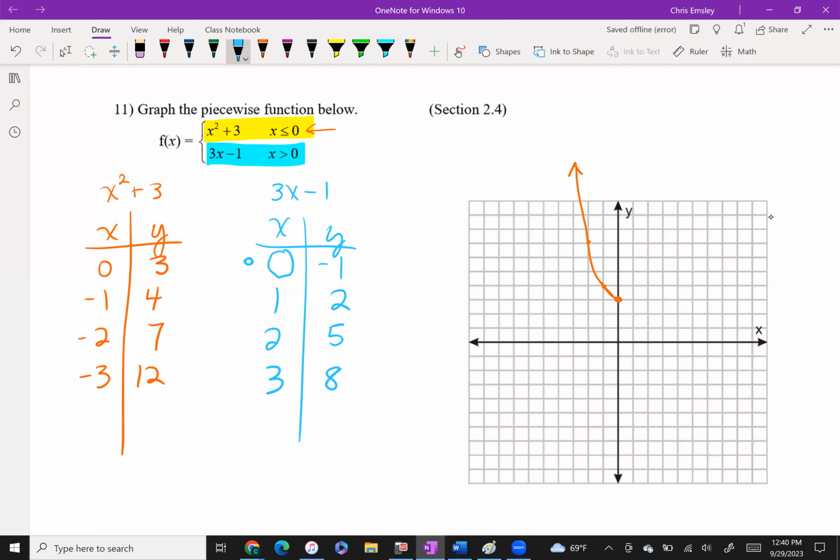So let's go ahead and plot those. 0, -1, again, open circle. 1, 2, and 2, 5. And if we want to, 3, 8, and we get a nice straight line, not continuing in both directions, only to the right, because this one is for x greater than 0.